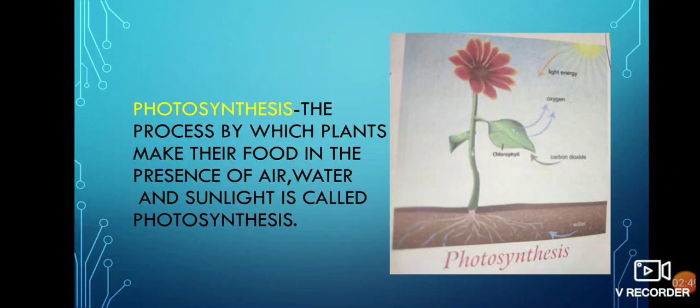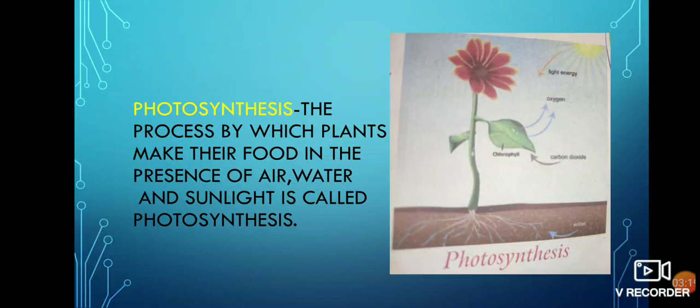Here you can see in the picture, from the sun the leaves in the presence of sunlight, light energy is absorbed by the leaves. And here you can see the arrow, through the arrow carbon dioxide is written here. So carbon dioxide goes inside the leaves.